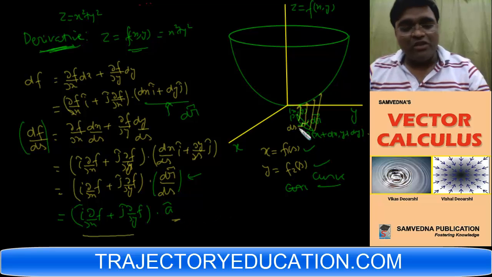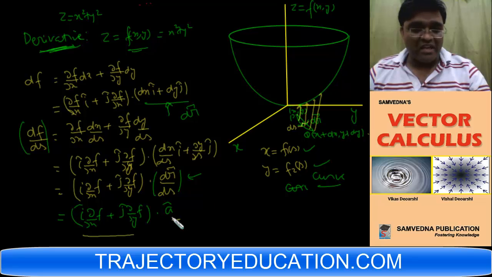So how will you find that? You have to find first the curve, and then you find the unit vector in the direction in which you are moving, the unit tangent vector to the curve. At any point, if you want to find the directional derivative, you find the curve along which you are moving, and then the unit tangent vector a.